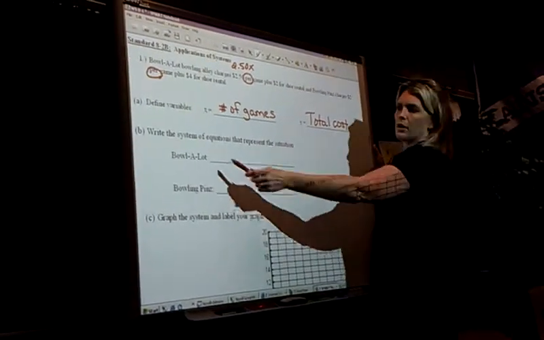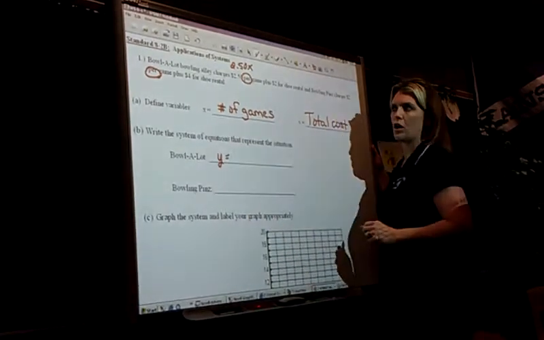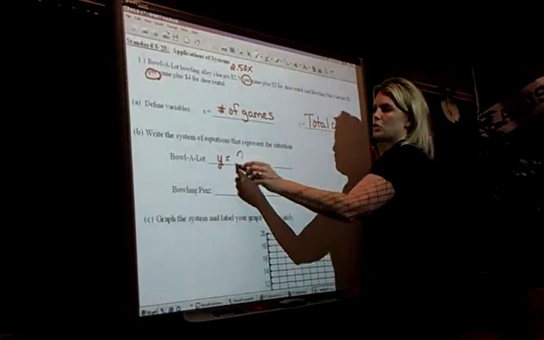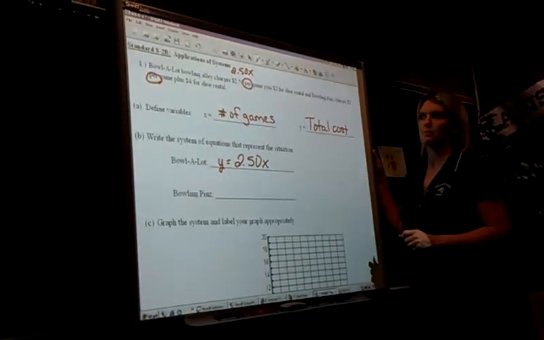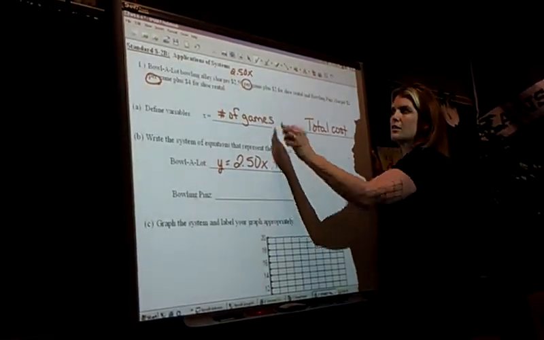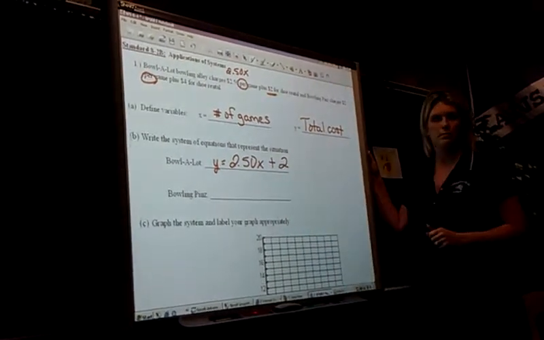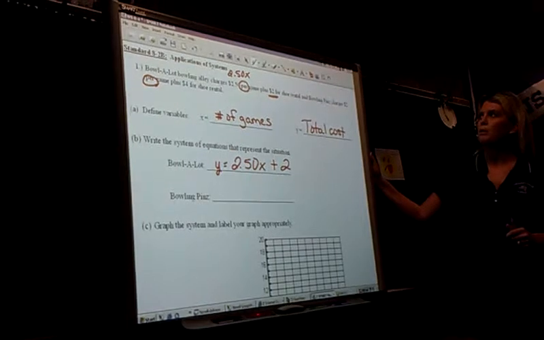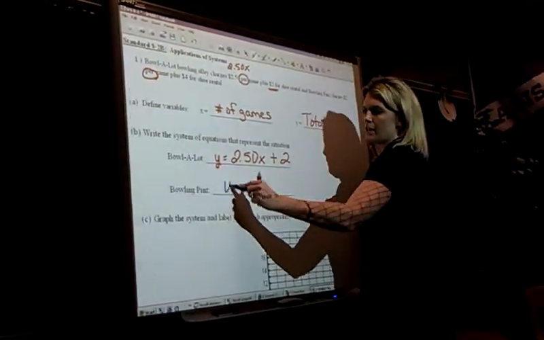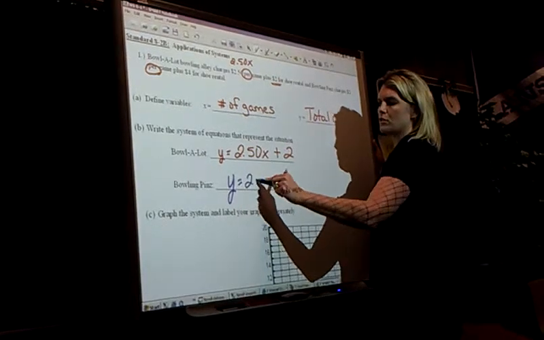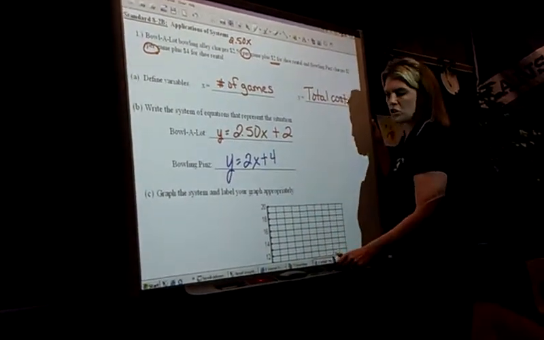For Bowl-A-Lot, y equals, the total cost equals 2.50 times the number of games, plus you pay a one-time shoe rental of $2. For Bowling Pins, y equals $2 times each game, plus $4 to rent the shoes.